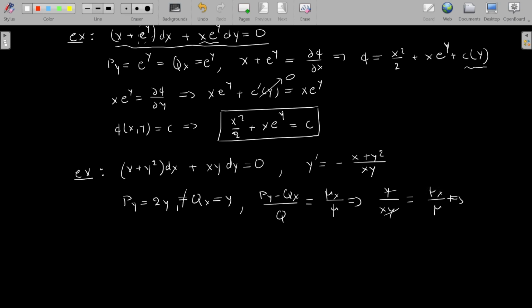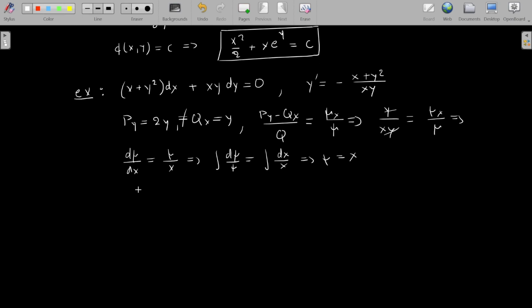So this and this goes away. And what you get is again a separable differential equation, which is of the form dμ/dx is μ over x, or dμ over μ is the integral of dx over x, and of course μ is just x.